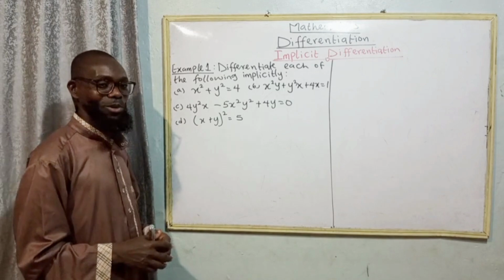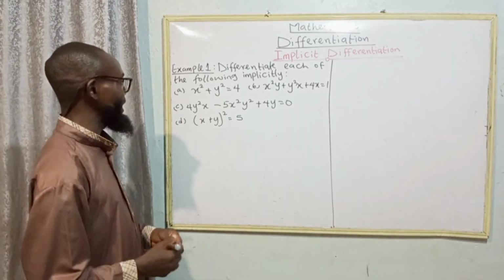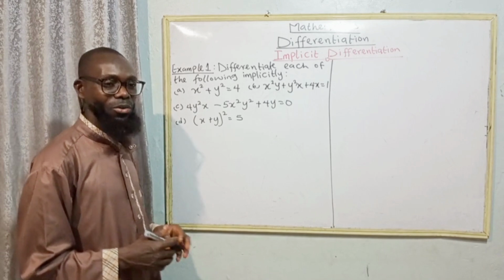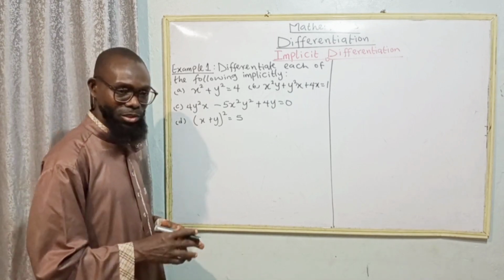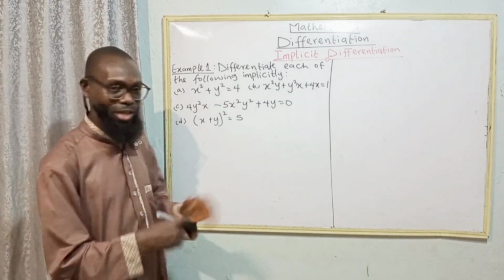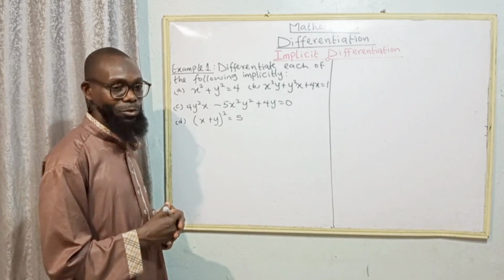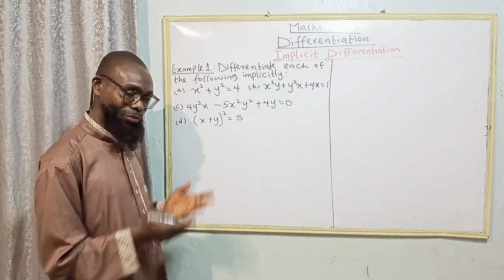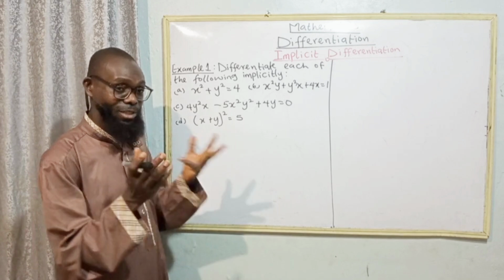Now, example 1, differentiate each of the following implicitly. So far, we have been looking at functions y is equal to f of x, where we are differentiating y in terms of x explicitly.